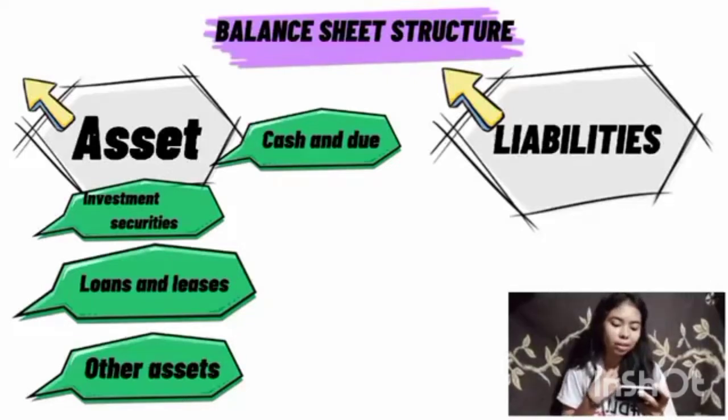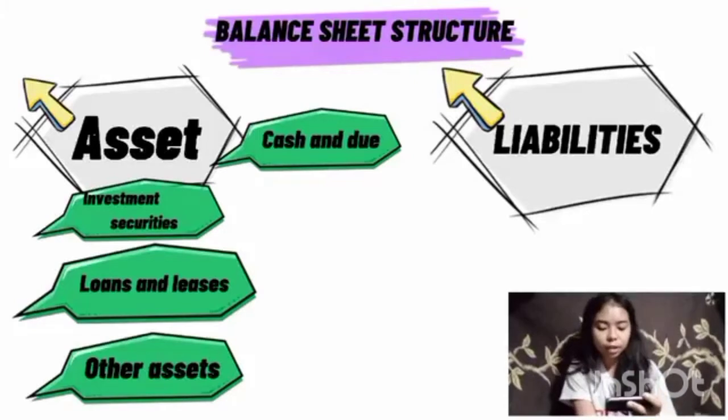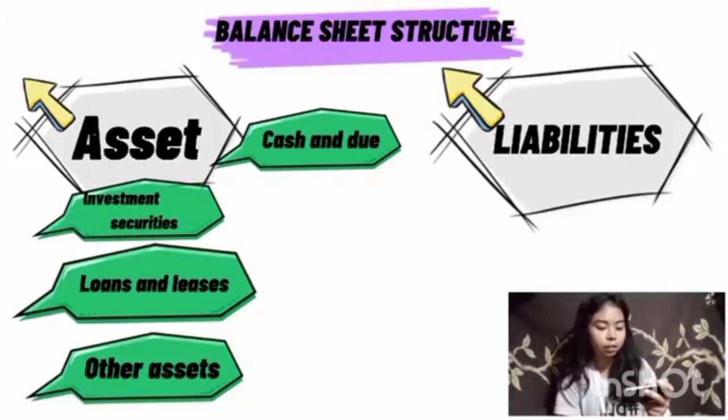So, in these categories, vault cash is composed of the currency and coin needed to meet customer withdrawals. Deposit at the Federal Reserve are used primarily to meet legal reserve requirements, to assist in check clearing, wire transfer, and the purchase and sale of treasury securities.